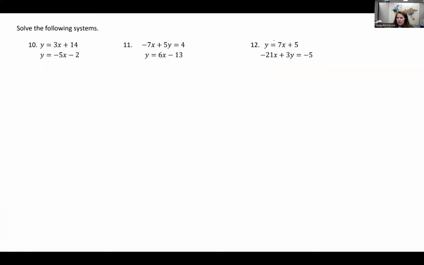All right, number 12, once again, it's solved for y. The first one is, so I'm going to substitute for y in the second one. So I'm going to bring down negative 21x plus 3 times 7x plus 5 is equal to negative 5. So negative 21x plus 21x plus 15 equals negative 5.